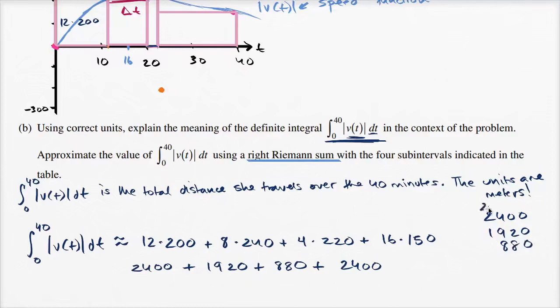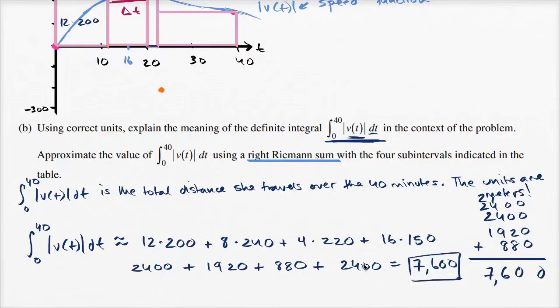Adding these up, 9 plus 9 is 18, plus 8 is 26, and then we have 7. So we get 7,600. And just to be clear, this would be in meters.